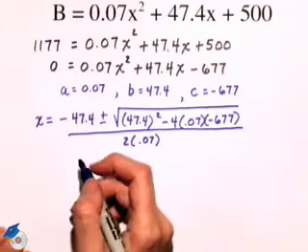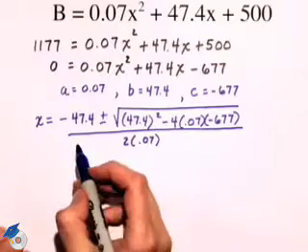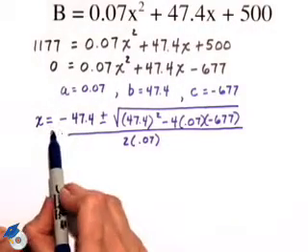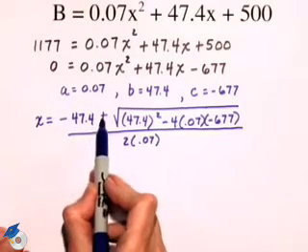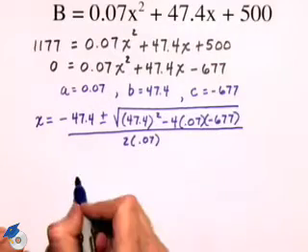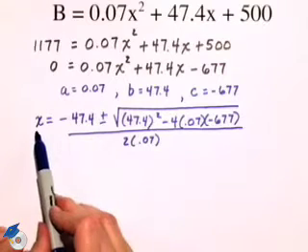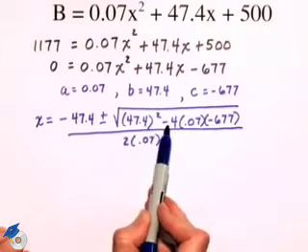When we do, we can plug this into either a scientific or a graphing calculator, and we'll come out with two possible solutions. Notice the first solution will be negative 47.4 plus this radical divided by 2 times 0.07, and the second one will be x equals negative 47.4 minus some value.